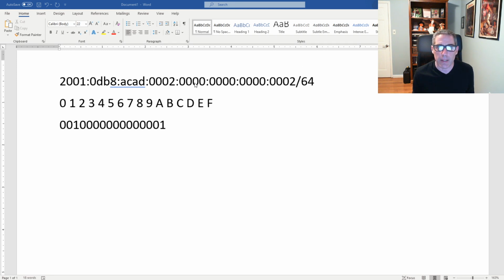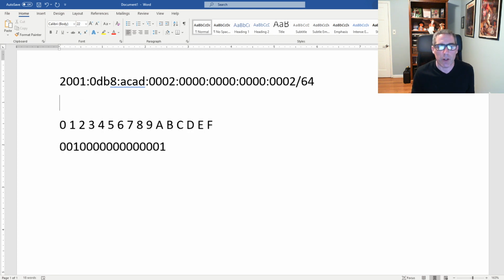Now, if you look at this address, you still see a lot of repetition, and we don't want all that repetition. We want to simplify it further. One of the things we can do is get rid of leading zeros. Earlier I said I was doing something that's not correct, and this is it. We can get rid of that leading 0.